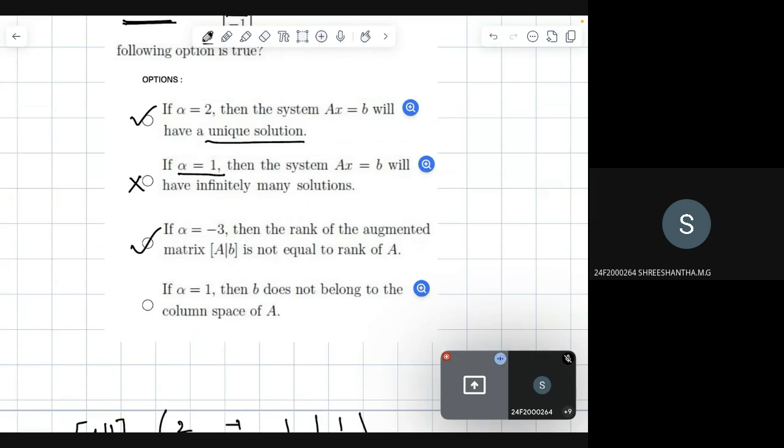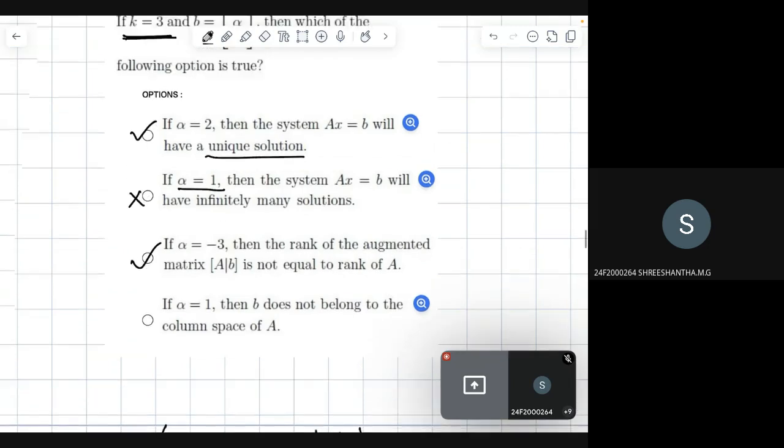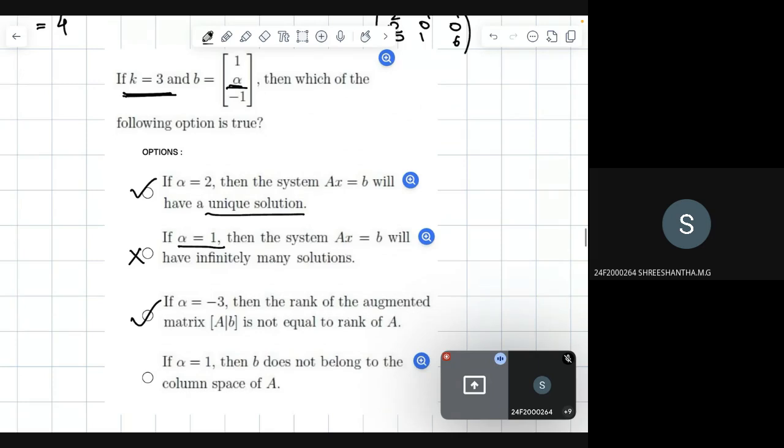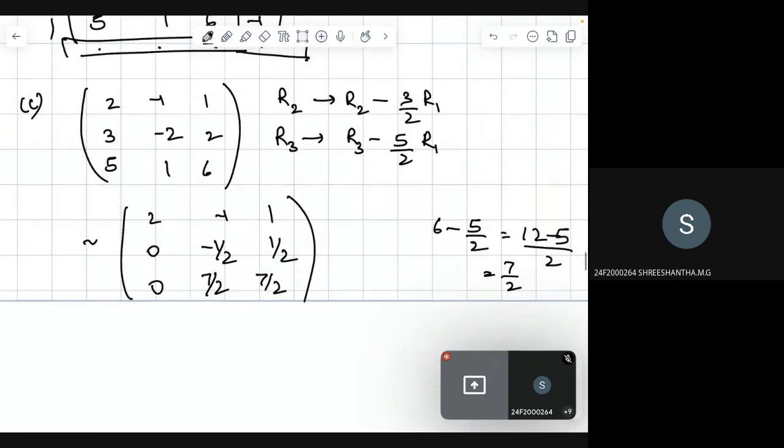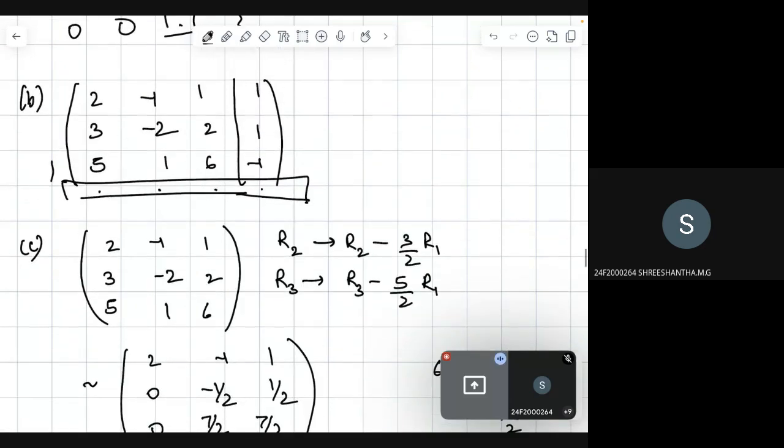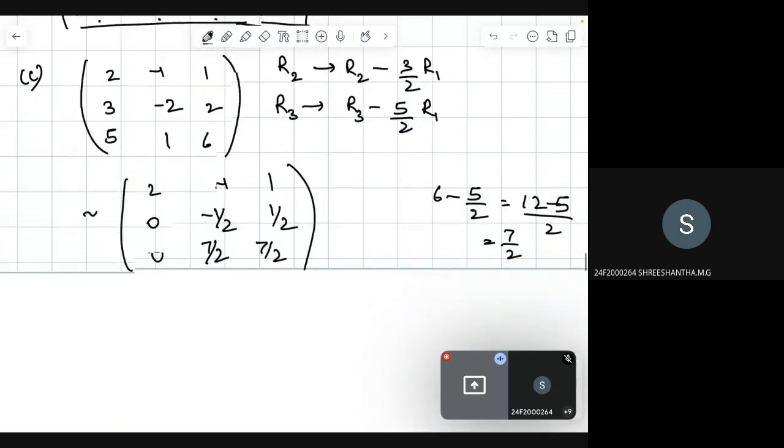Then alpha is equal to 1. Then B does not belong to the column space of A. What is B? B is 1, alpha, minus 1. So 1, alpha, minus 1 was 1, 1, minus 1, right?